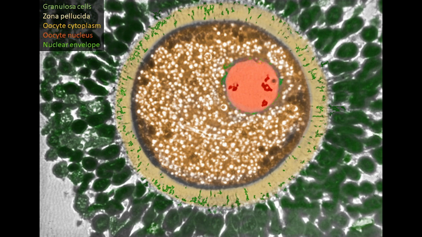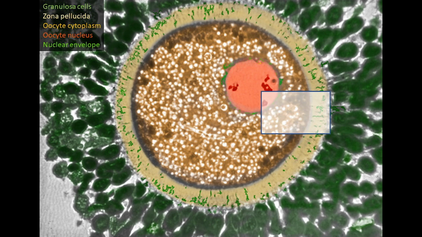The resulting downregulation of the meiotic inhibitory signaling network, mediated by C-type natriuretic peptide, or CNP, and cyclic guanosine monophosphate, in mural granulosa and cumulus cells, promotes resumption of oocyte meiotic maturation.